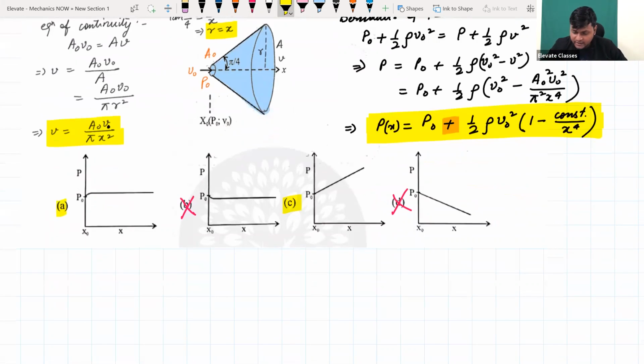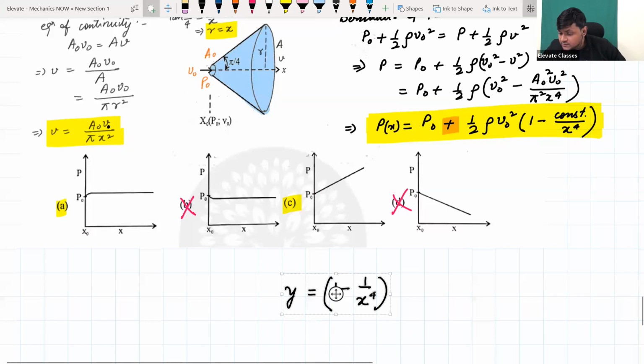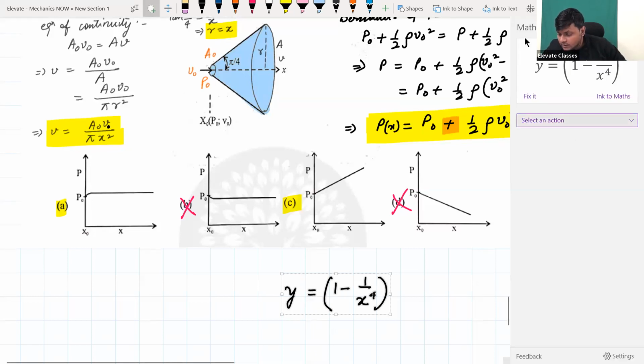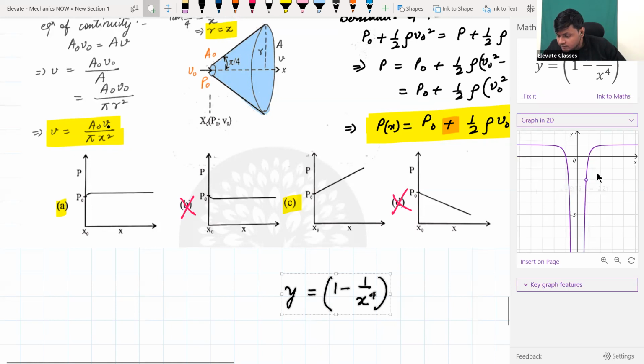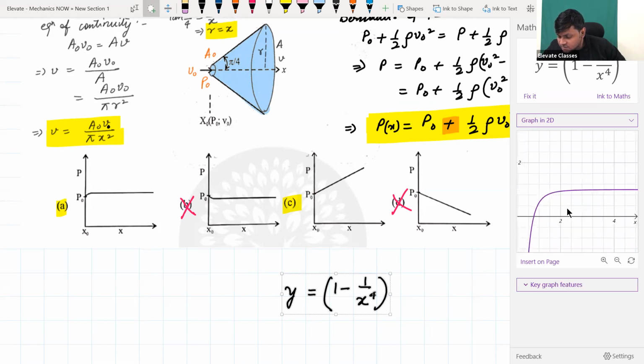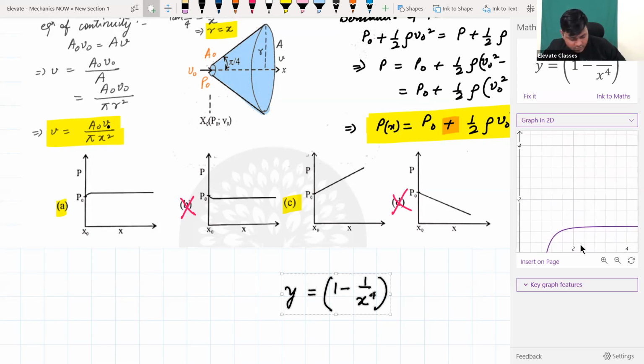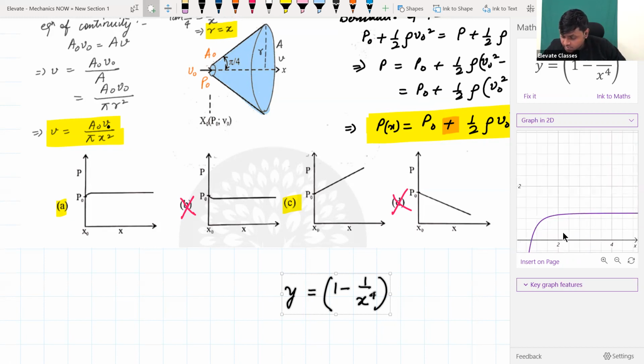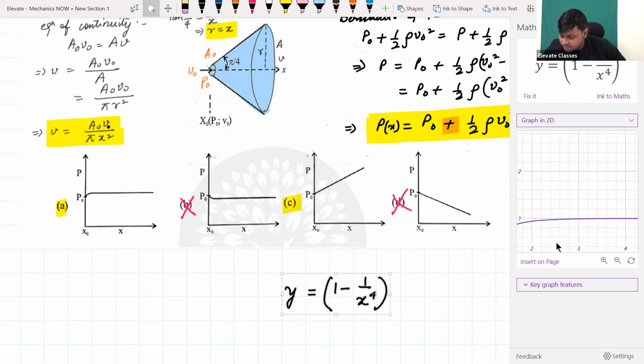If you look at an equation of the form, let's suppose, 1 minus 1 by x to the power 4 is equal to y, and if I plot this graph, you see this graph starts with some value, of course the constants are going to contribute, but it is going to be something like this.